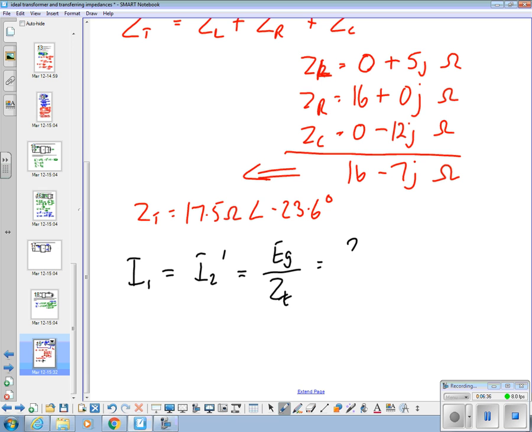Generator voltage is 80 volts. No angle given, so we always assume that must be 0. Over 17.5, angle minus 23.6 degrees, equals now I've got 4.57 amps, angle 23.6 degrees.